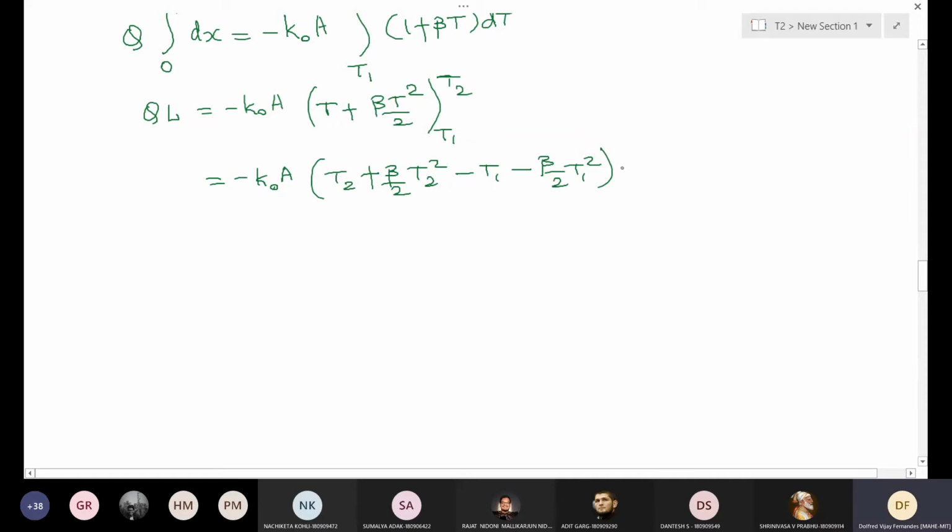Or you can do another thing here: take the minus sign inside. So A K0 into T1 minus T2, then beta by 2 into T1 squared minus T2 squared.